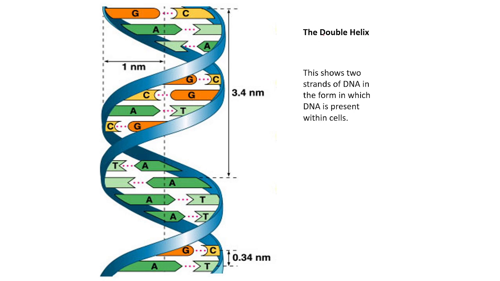The double helix is formed between the DNA strands, and if you can observe over here, the distance for 10 bases is 3.4 nanometer, and 0.34 nanometer is the pitch. So this is the pitch, and this is the length for 10 base pairs.